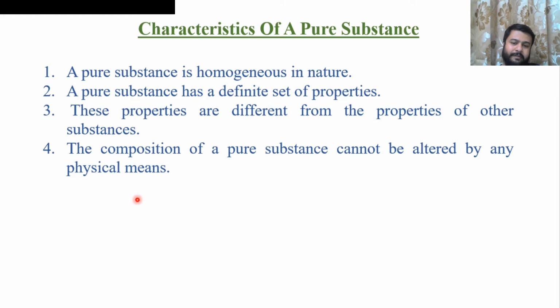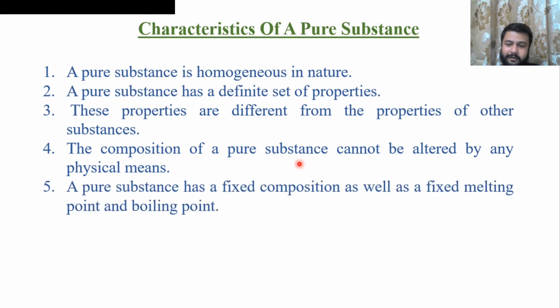It means, for example, if you take carbon dioxide, we cannot break the carbon dioxide by any physical mean, or we cannot alter the property of carbon dioxide by any physical mean. Physical means, that is by hammering, by cutting, etc. Fifth point, a pure substance has a fixed composition as well as fixed melting point and boiling point. For example, carbon dioxide again.